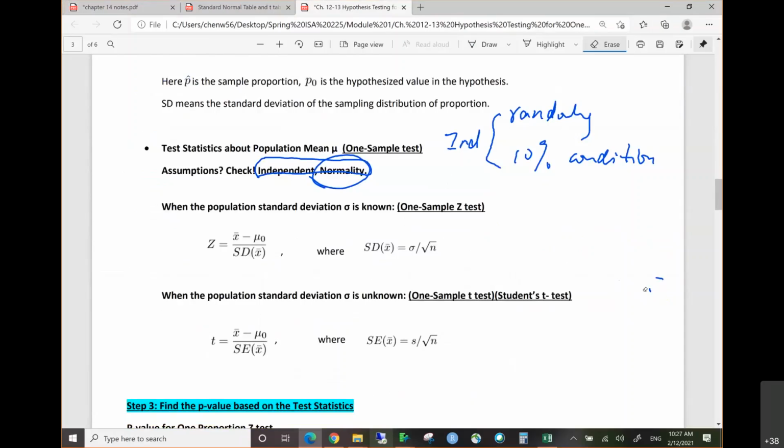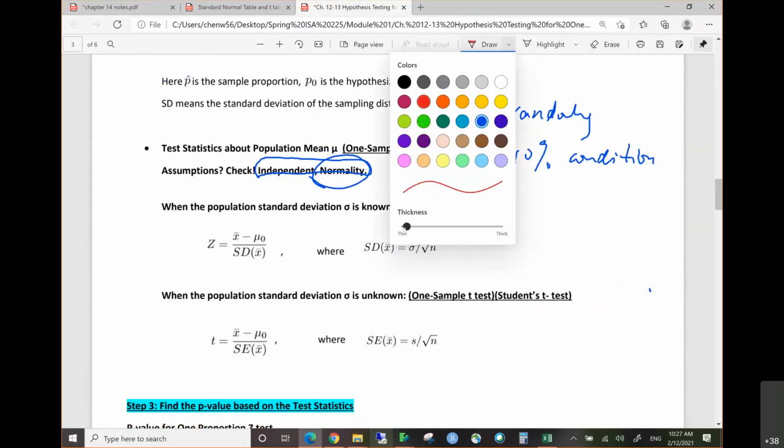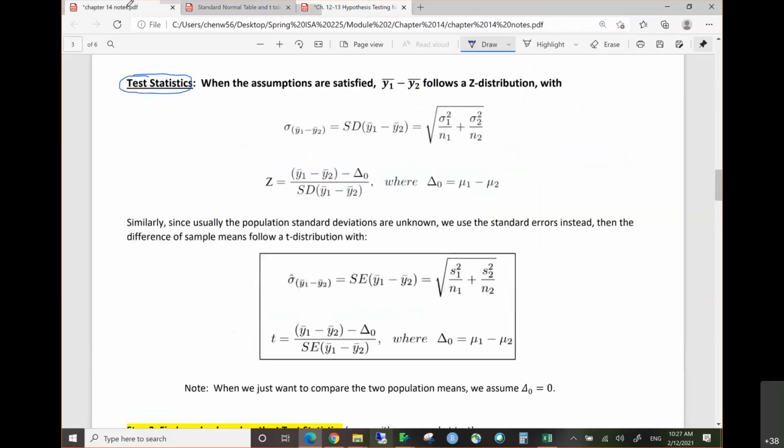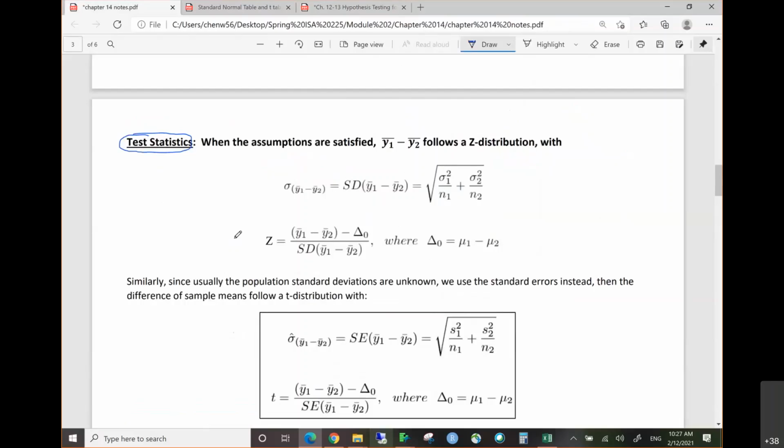So for one sample test, we have two cases, right? One is when the population standard deviation is given, one is when the population standard deviation is not given. So again, for our two sample test, two cases.